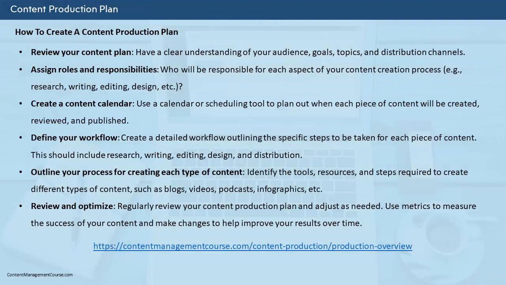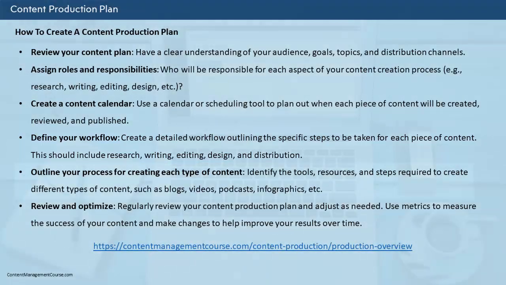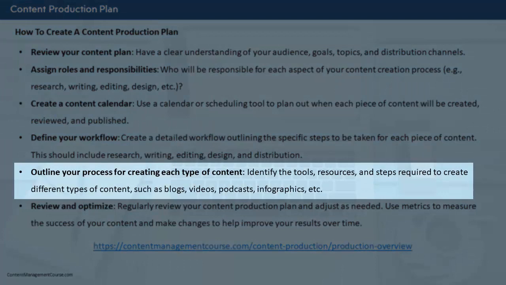Another important step is to create a detailed workflow outlining the specific steps that will be taken for each piece of content. This should include research, writing, editing, design, and distribution. We'll cover this in the next slide. Also, outline the process for creating each type of content.